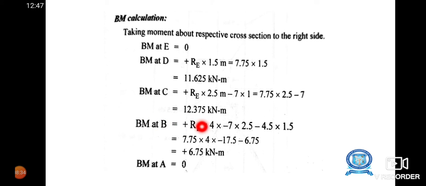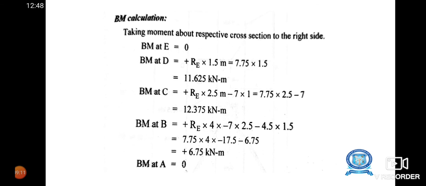So RE into the distance between E and B, that is 4, minus 7 into 2.5 minus 4.5 into 1.5. The value of the bending moment at B point is equal to 6.75 kilonewton meter. The bending moment at A point is 0. For a simply supported beam, the starting and ending point of bending moment will be 0.